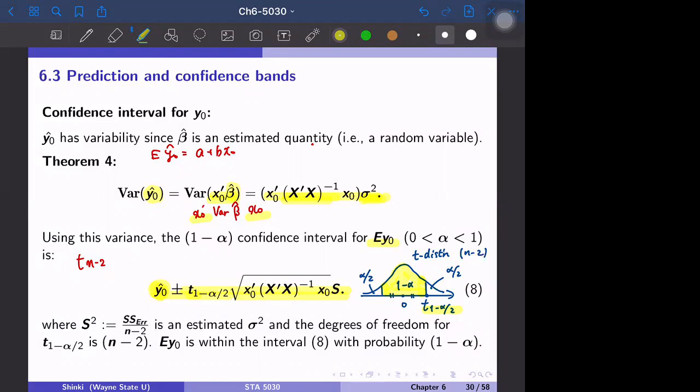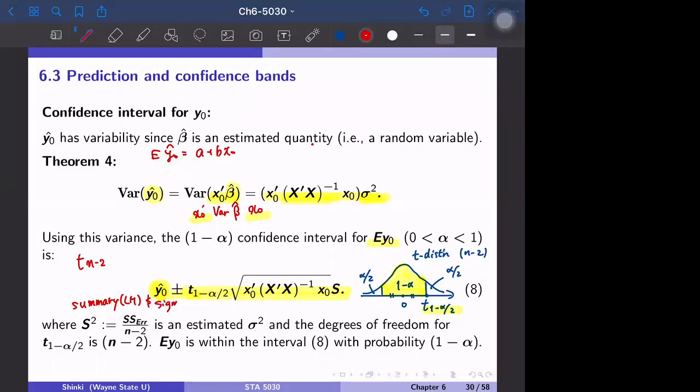And here S is the estimated residual standard deviation. In R, you can extract this information from the summary of the lm object, with $sigma.